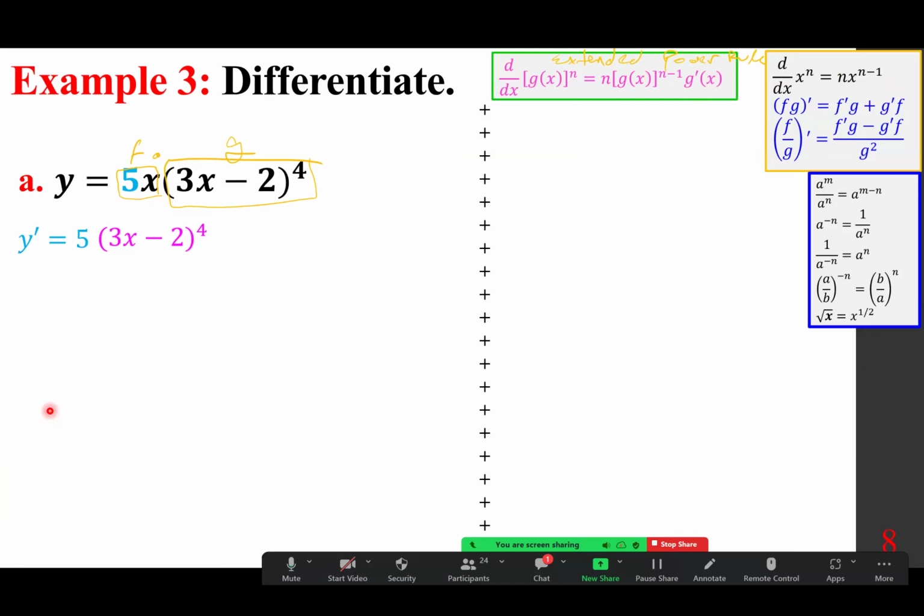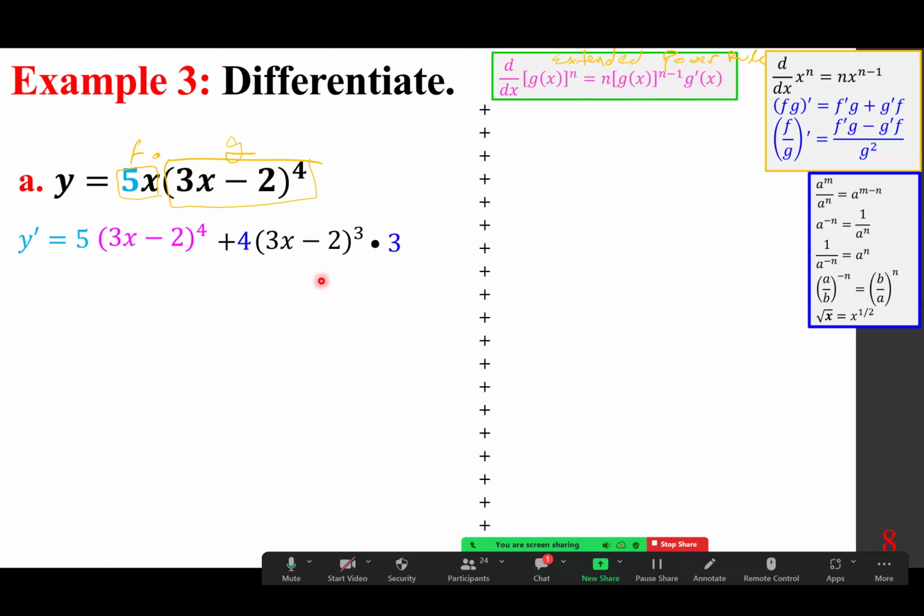Now, we want to differentiate this, and we're going to follow that n, that means plus 4 times g of x to the power of n minus 1, this thing to the power of 3. Now, here's the idea behind the chain rule. The difference is here. Now we want g prime. That means we want the derivative of the inside. The derivative of the parentheses is just 3.